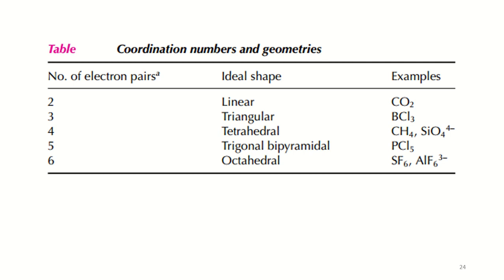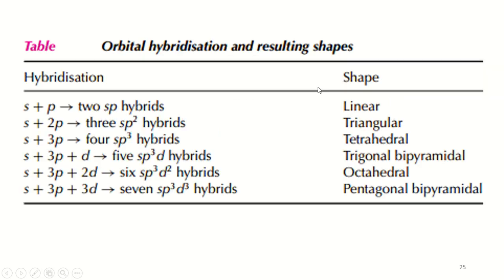The distribution of lobe-shaped hybrid orbitals that are postulated to form on hybridization of different numbers of s, p and d atomic orbitals is summarized in this table.